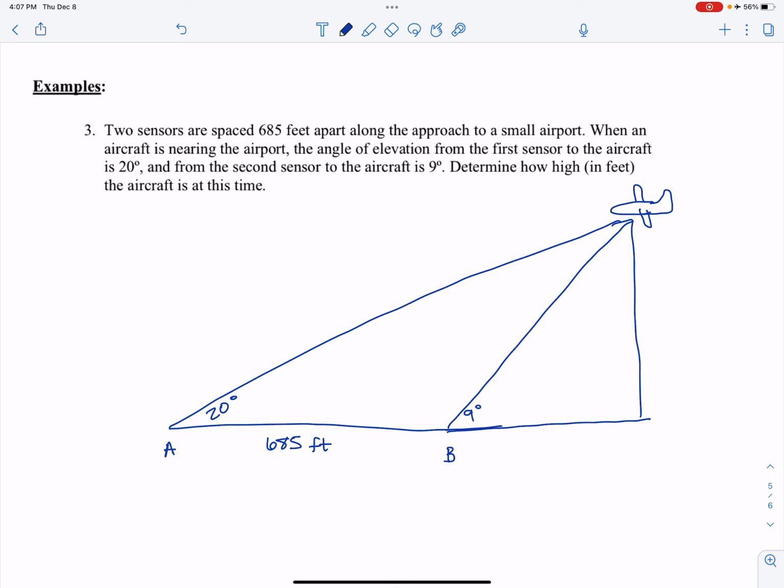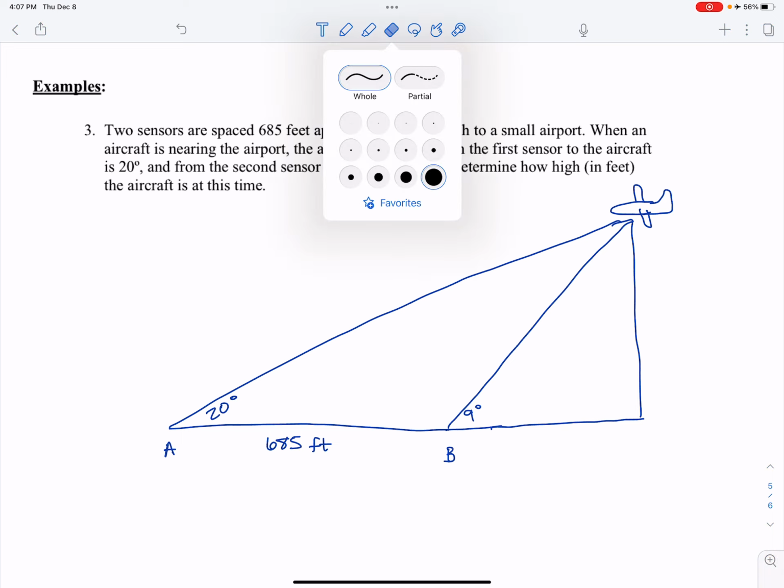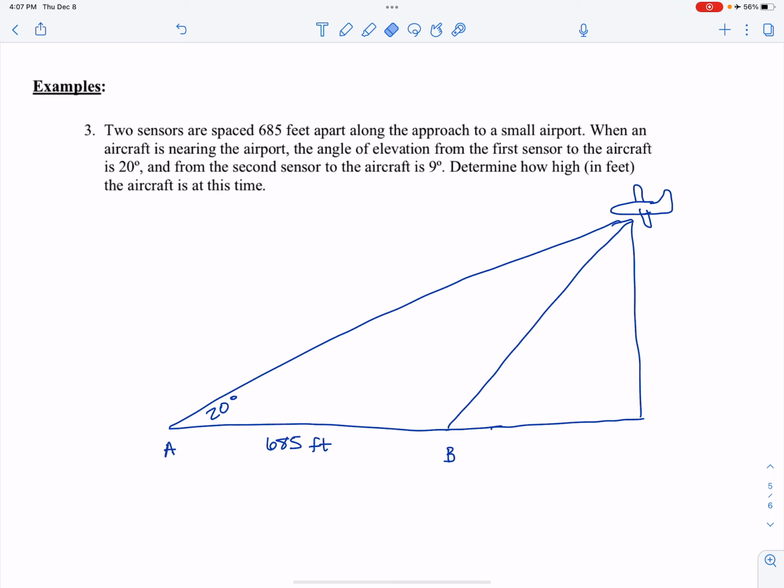So, what can we do here? Well, we know that this angle, actually, I put them in the wrong places. So this angle is bigger than this one.